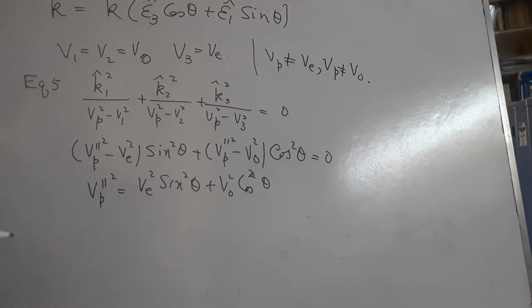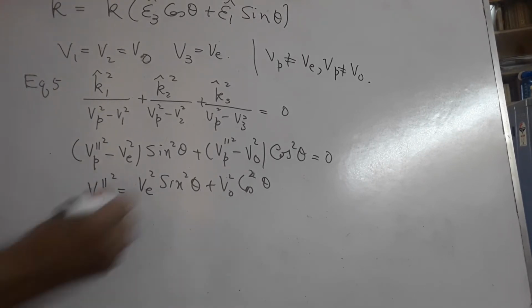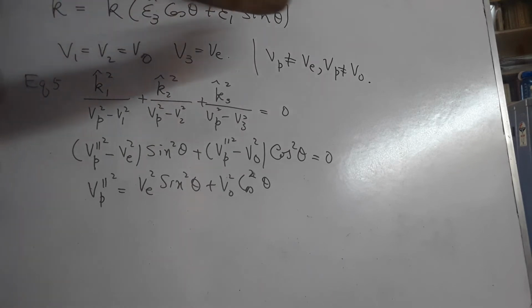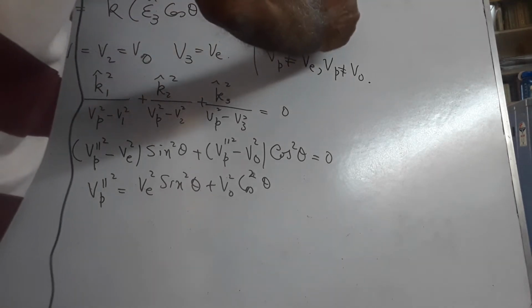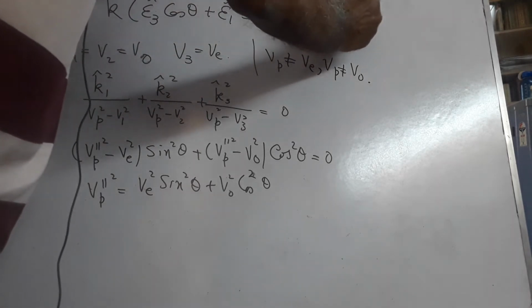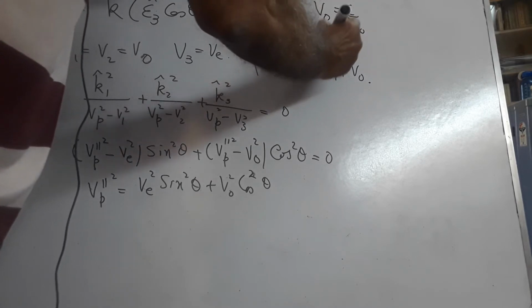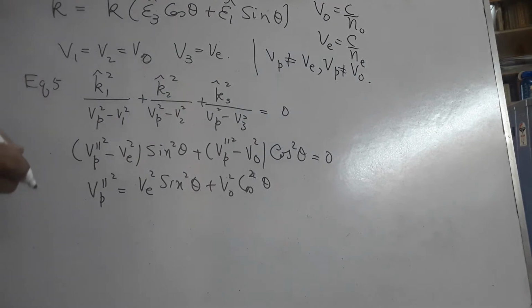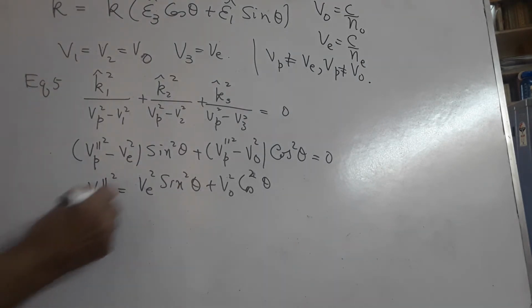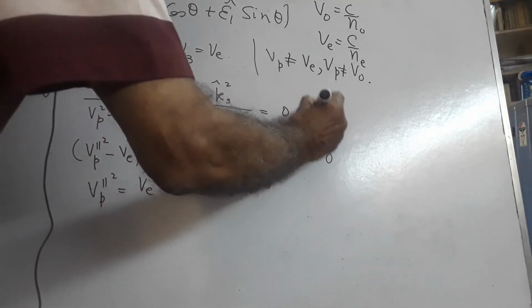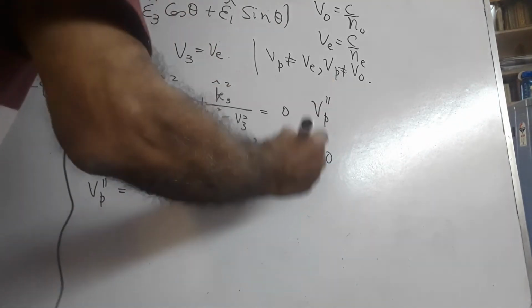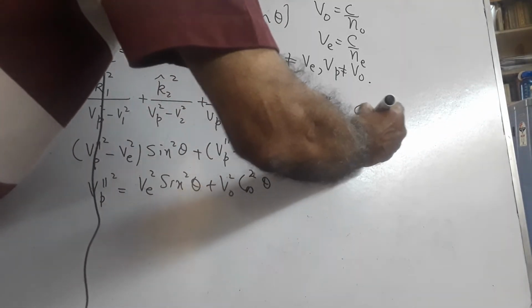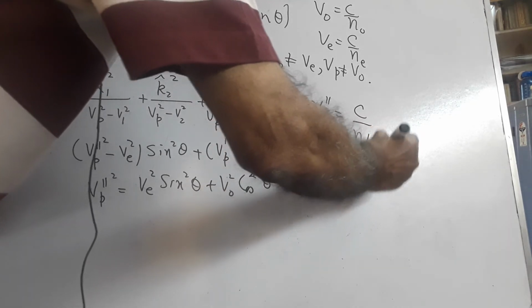Remember I can write for these expressions Vo is nothing but C by No, and Ve is C by Ne. So I can rewrite this equation in the following form, writing Vp prime as C by N theta.